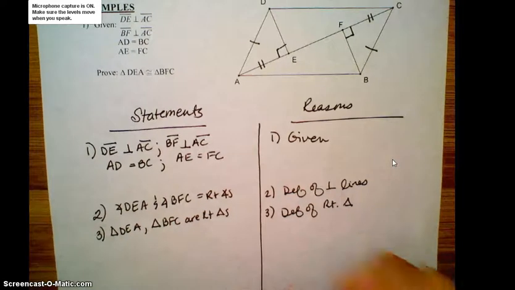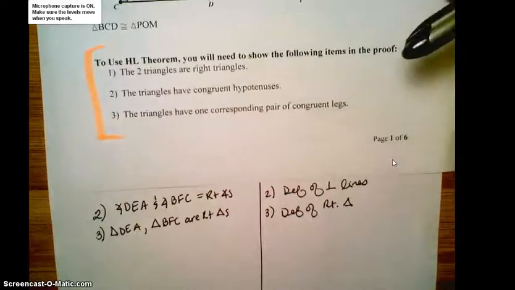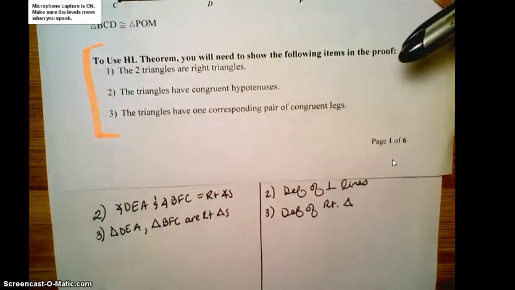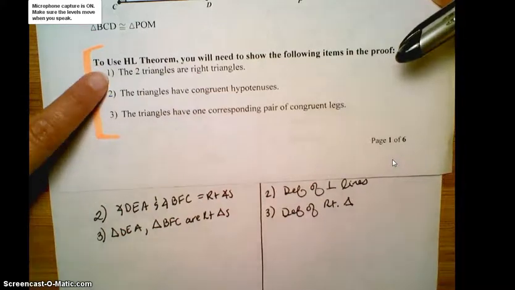Now, if you recall, back on page 1, I believe, we said that one of the things we needed in order to use hypotenuse leg is to show the triangles are right triangles. So we just did that.